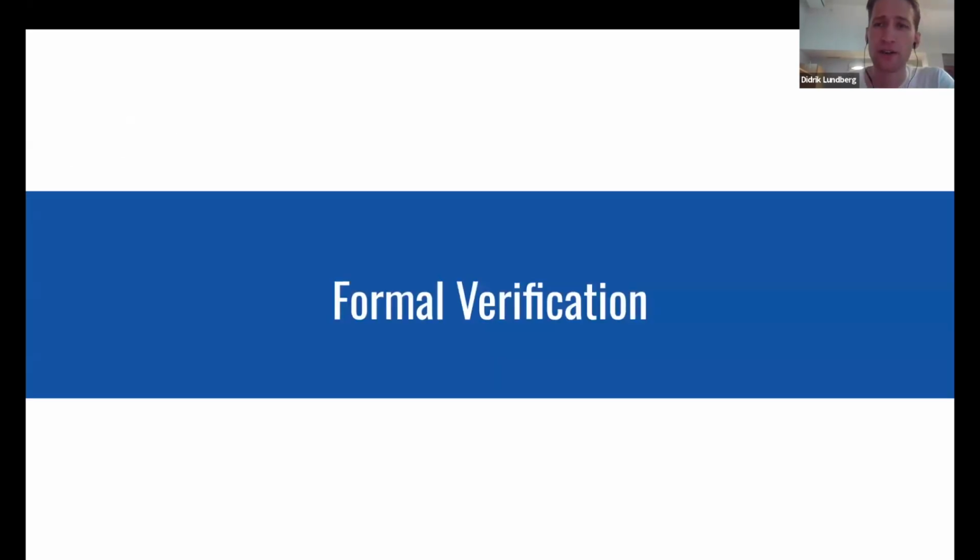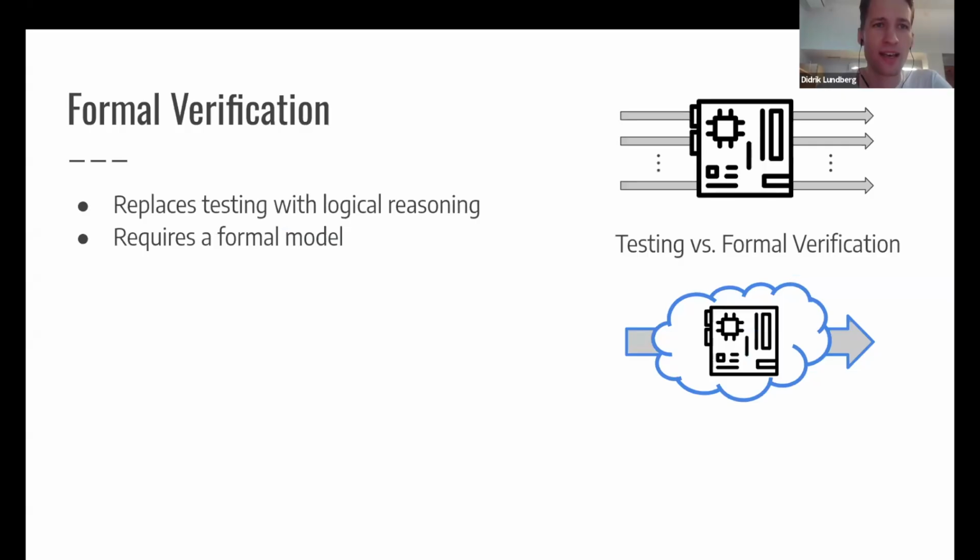So, formal verification, what is it? The dictionary definition of verification: proving or checking that something exists, is true or is correct. The most intuitive and obvious way to check whether something is true is, of course, to test it.